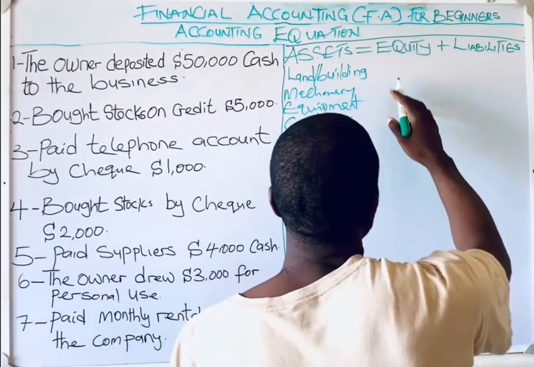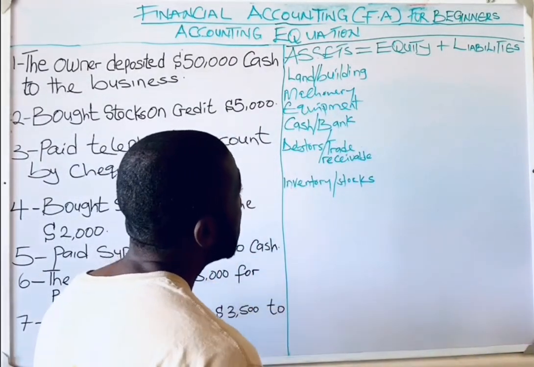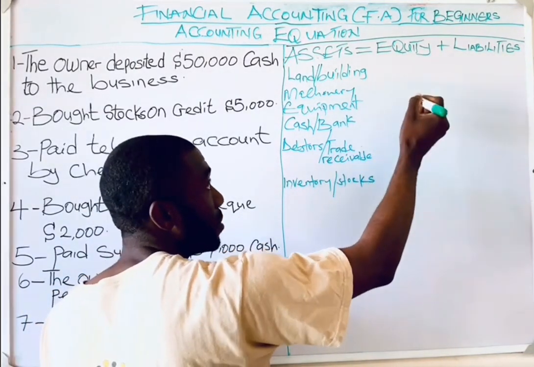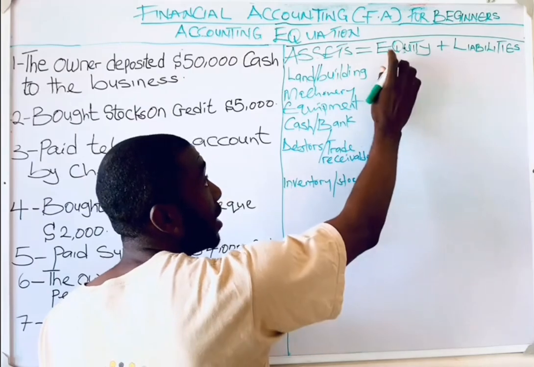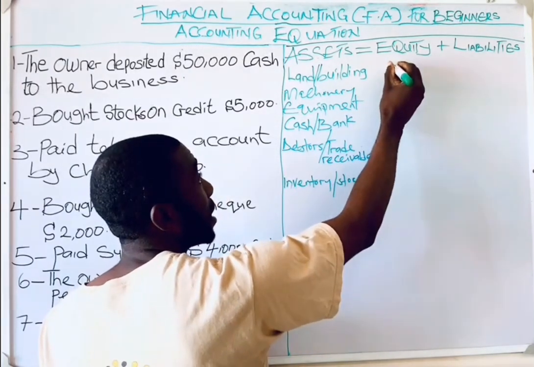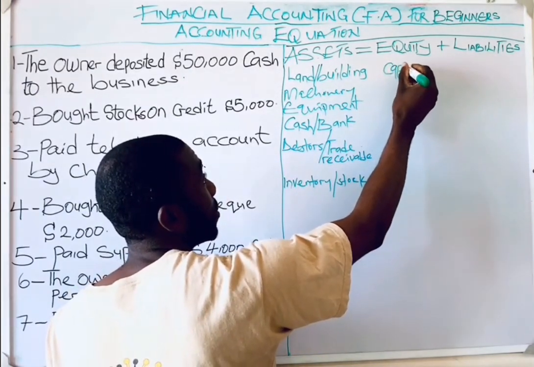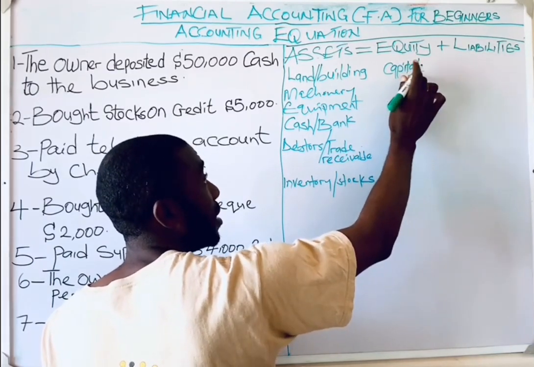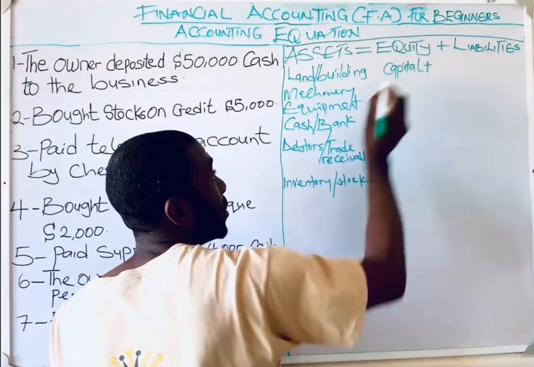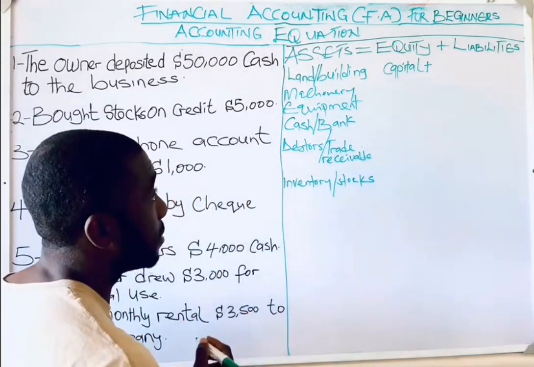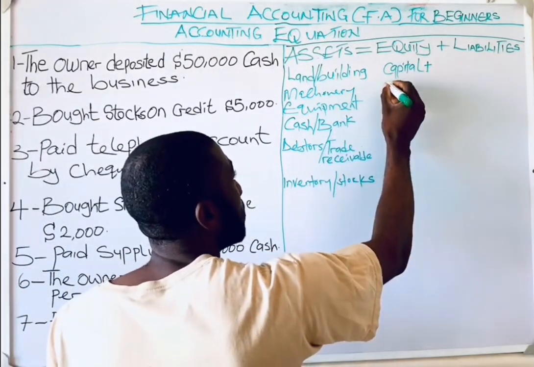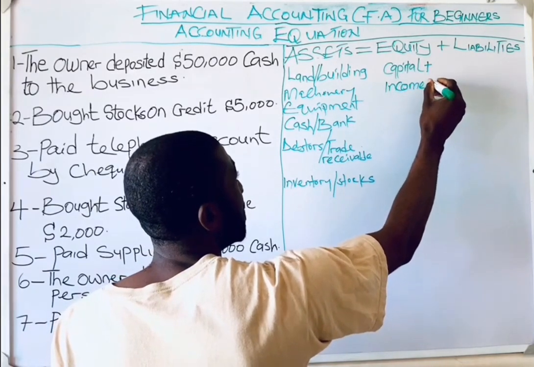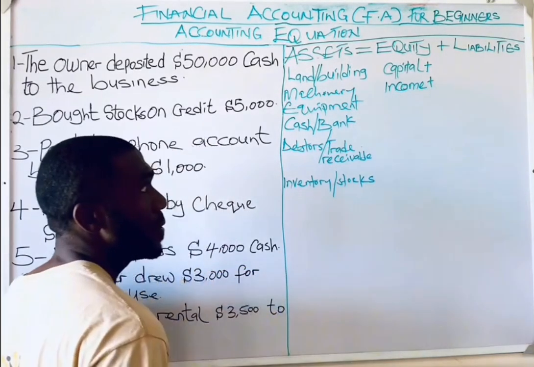So if you come to the equity part, I've told you that any money or anything for investment is called capital. And here they are your claims. We say capital is your equity. This capital increases your equity. It carries positive. Then we have income under the equity part. This income also increases your equity.